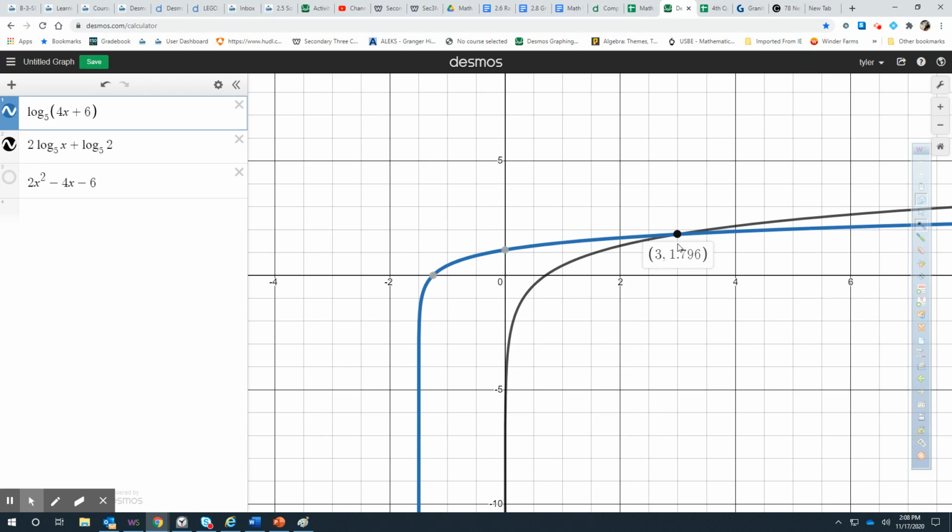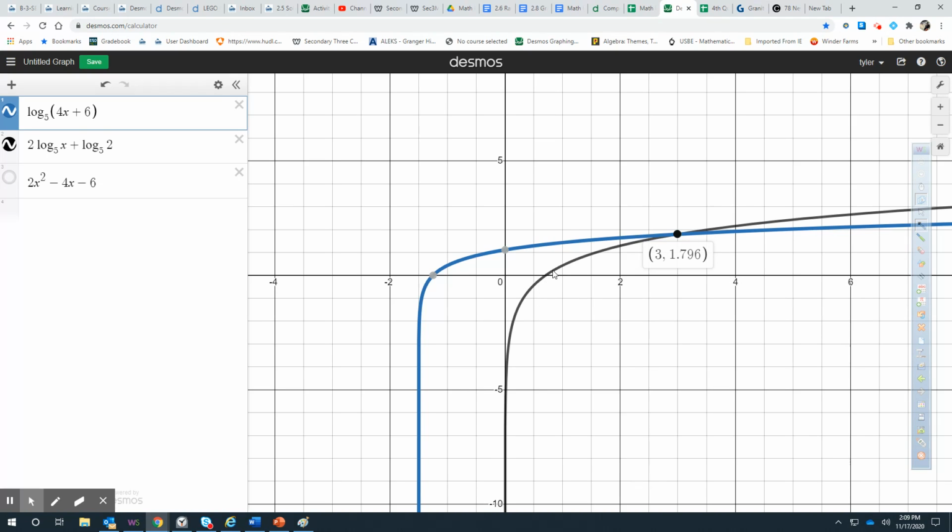Now, what about x equals negative 1? Well, if you look at our graph, here's x equals negative 1. We're counting by halves here. So this is negative 2, negative 1 would be here. The answer exists for the blue graph, log base 5 of 4x plus 6, it's going to come out to be 0.431. But if you look at the black graph, it doesn't go over that far.